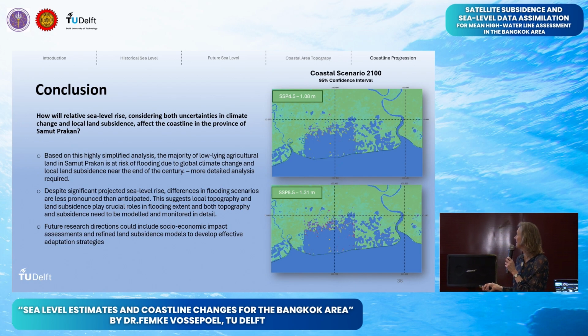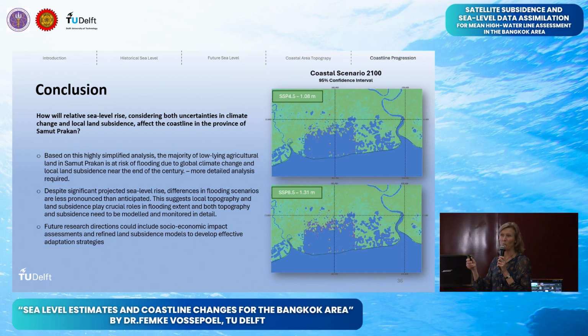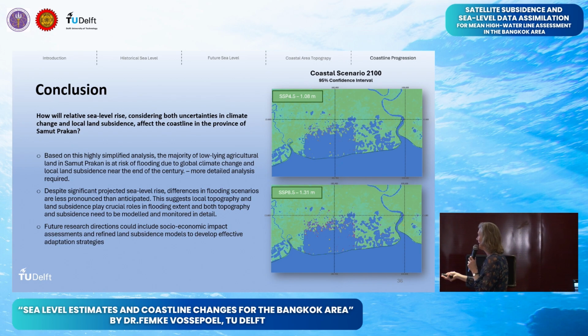What we see is that the differences between the different scenarios that Tijmen modeled, and this is not shown here in the presentation, but what he actually found is that no matter which scenario you take, you always get a lot of flooding. So this is in a way telling us that this area is quite at risk for flooding.